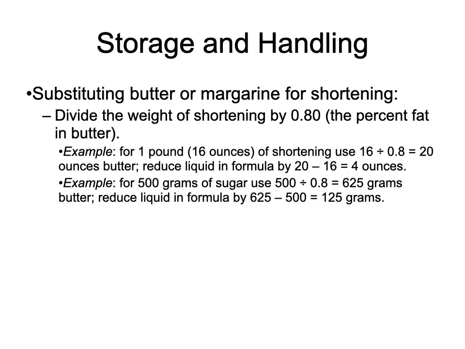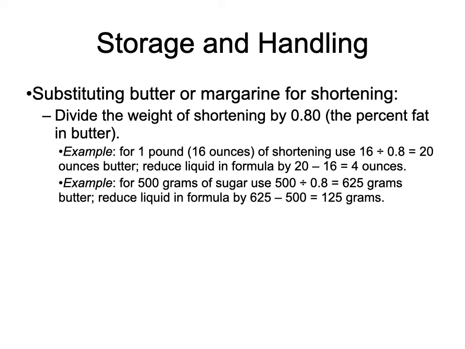So when you substitute butter or margarine for shortening, remember that the butter or margarine have some water in them. So you have to make a calculation, because shortening has no water in it. If butter or margarine, let's say, has about 80% fat and the rest of it is a mixture of water and sugars and other things, if we're going to replace that with shortening, we need to account for that.